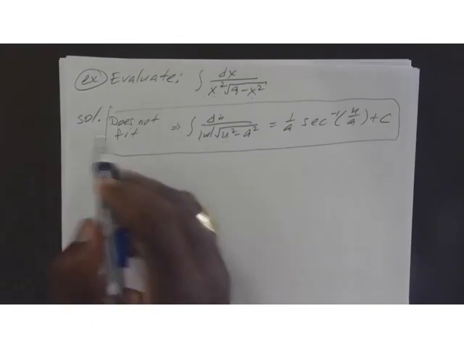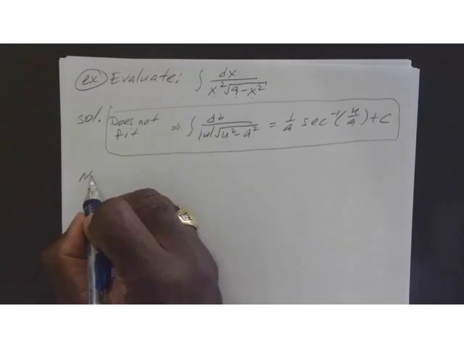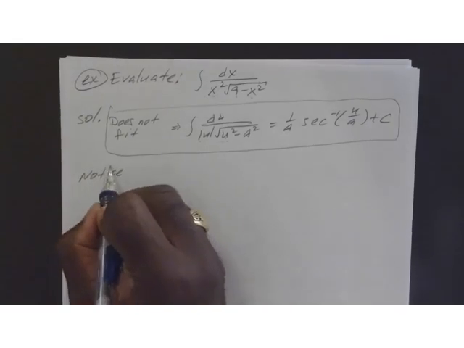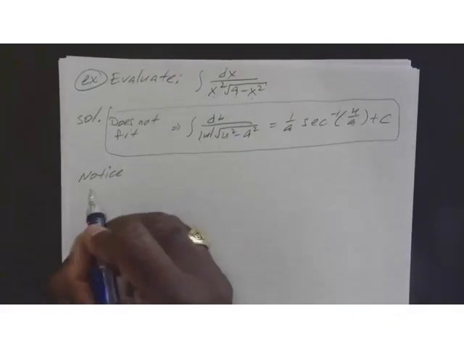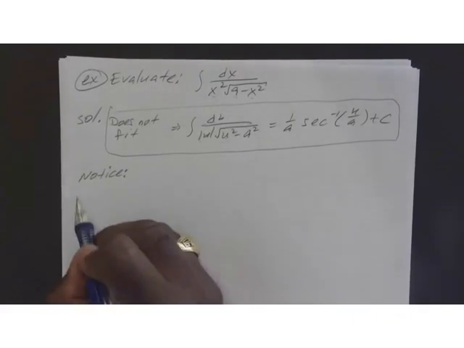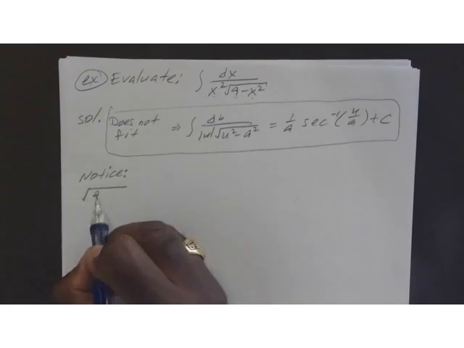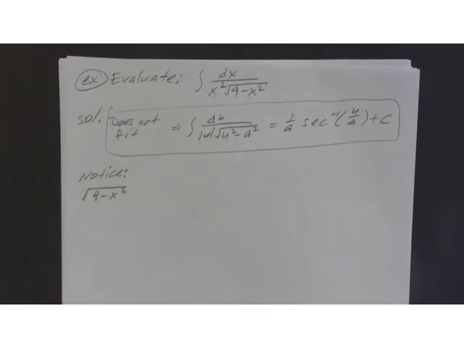Okay, so the first thing I would notice after realizing I couldn't use any of those formulas is that square root of 9 minus x squared.